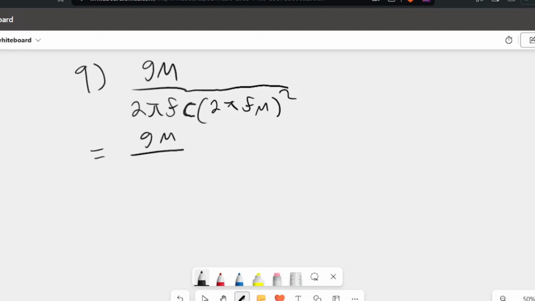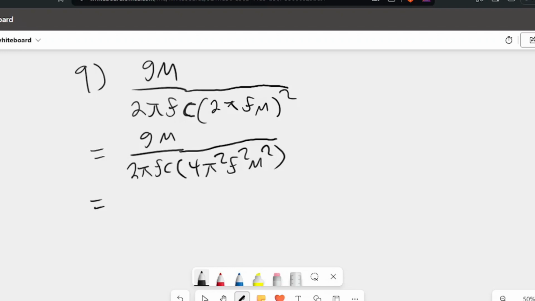g m, 2 pi f c, power to a power, so that would be 4, 2, f squared, m squared. And then what we want to do right here is take each of these members, because now all we're doing is the product rule. We're just multiplying.